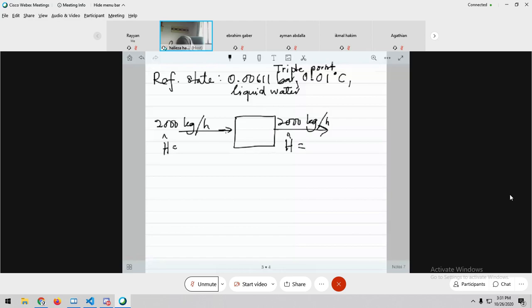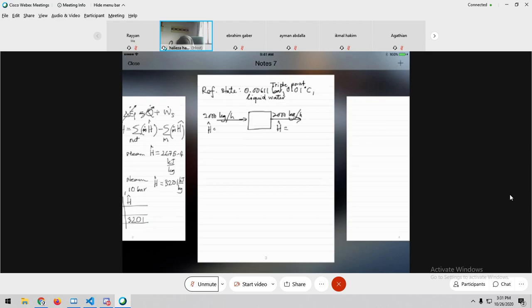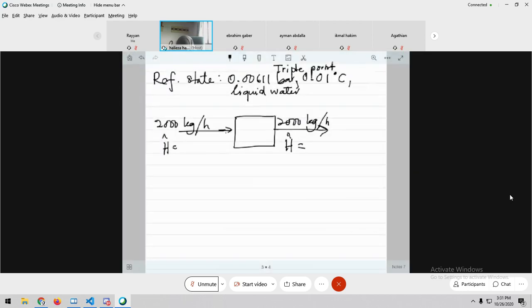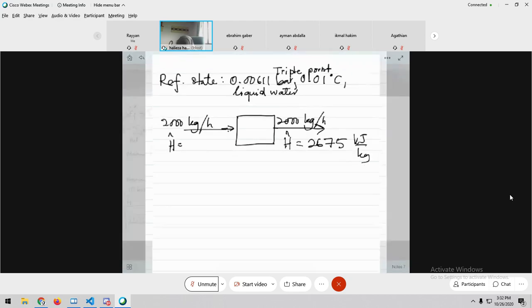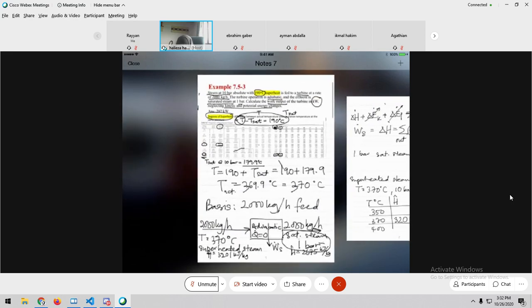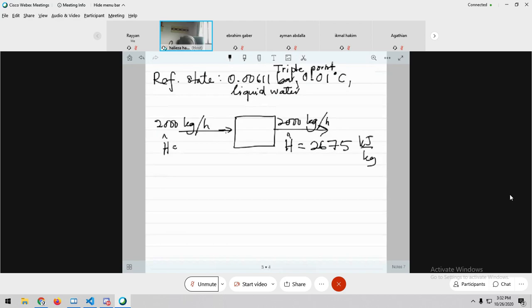Let me look back at my first page. 2675 kilojoules per kilogram, and my inlet enthalpy 3201 kilojoules per kilogram.